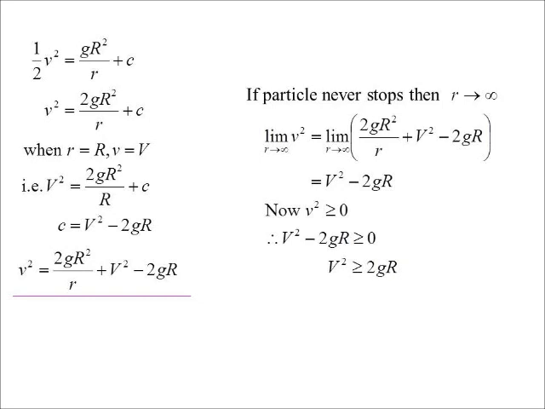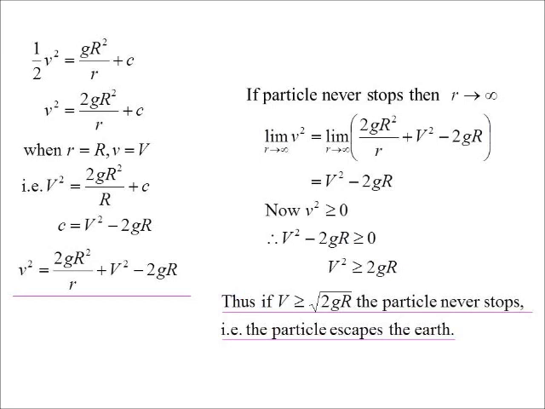So the minimum of that velocity must be the escape velocity. Because clearly if I go faster than it, I'm still going to escape. I'm interested in the minimum velocity to escape. So velocity must be greater than or equal to the square root of 2gr for the particle to escape, but the actual escape velocity then would be the square root of 2gr. So that solves our problem. Well, it's one way of solving that problem.